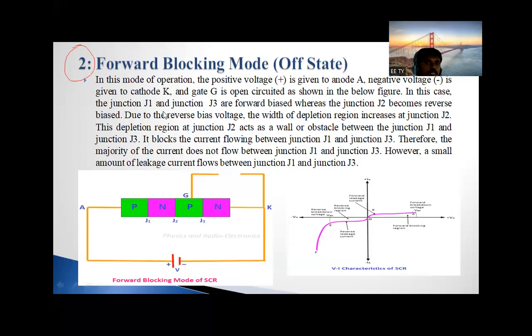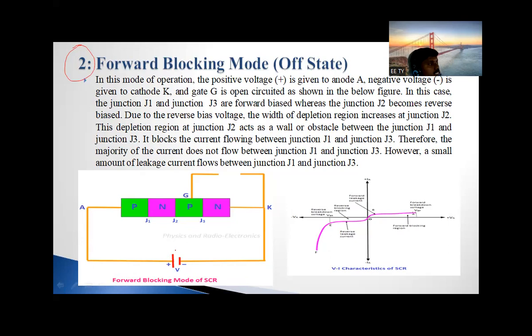Okay. To operate the SCR in forward blocking mode, what do we have to do? Just reverse the connections, same as the previous case, only positive and negative change. To operate the thyristor in forward blocking mode, what condition should be satisfied?